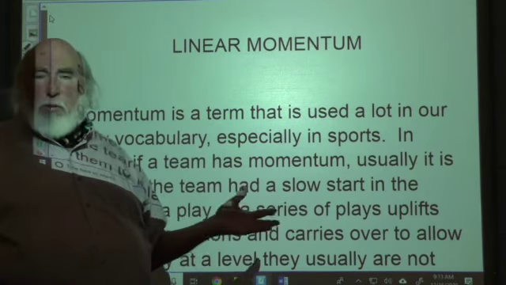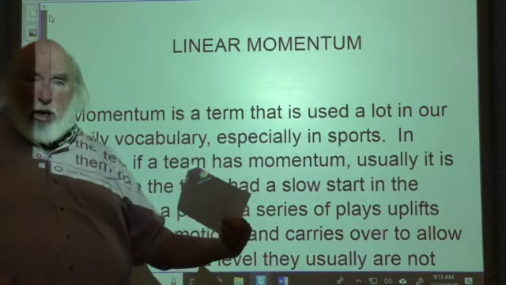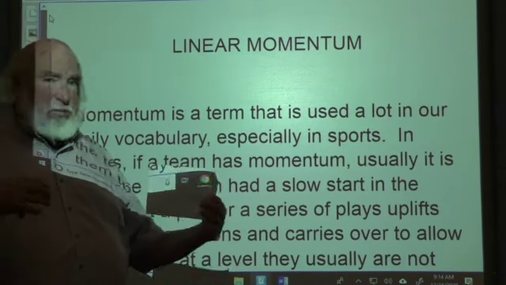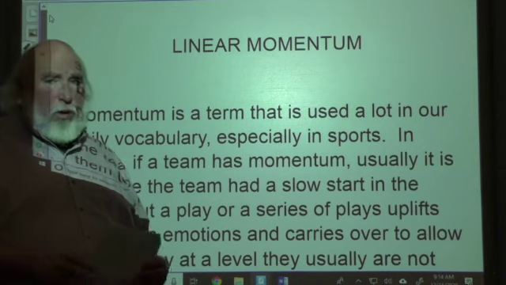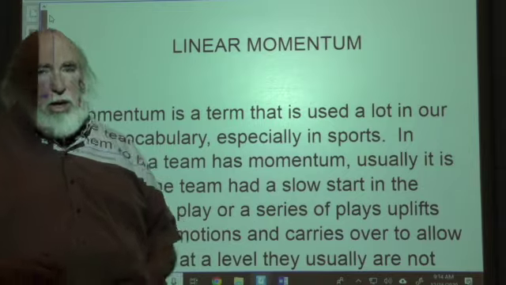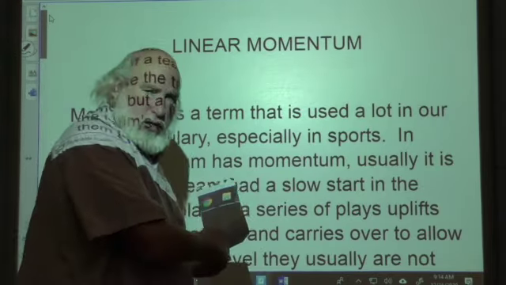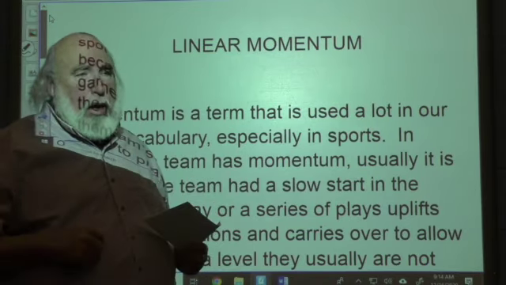In football, if you want to take a look at another example, if you have two players coming at each other, one is a ball carrier, the other is a tackler, and let's say they're both moving at the same speed at each other, but the tackler weighs more than the ball carrier, then when the tackle is made, the tackler is going to push the ball carrier back because he's got more momentum.